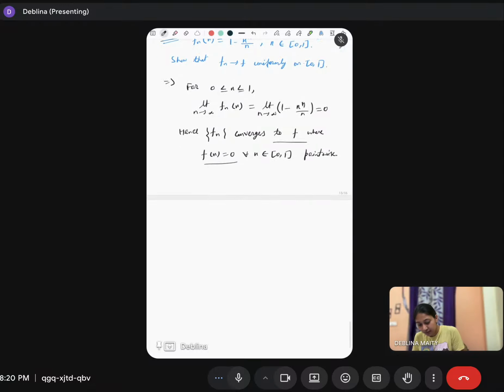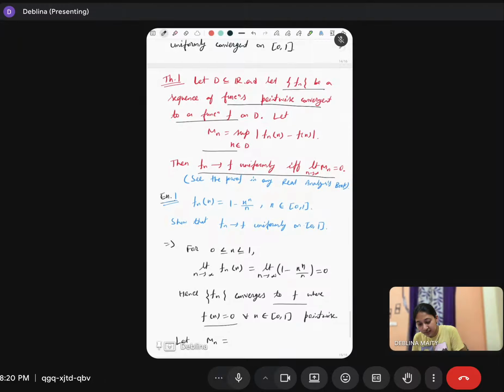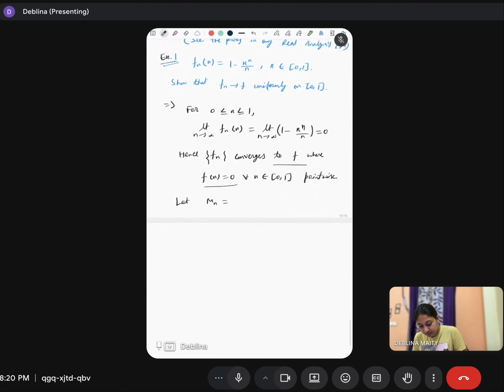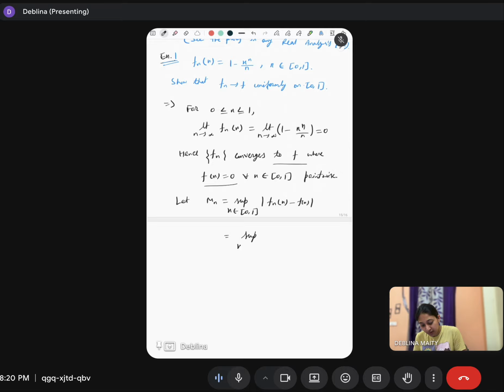Now we'll find this Mn. Mn was the supremum of this difference. Here the domain is [0, 1], and it is fn(x) minus f(x). Since f(x) is 0, it is the supremum of mod x to the power n by n. Taking the supremum over x between 0 and 1, the supremum value is 1 by n.